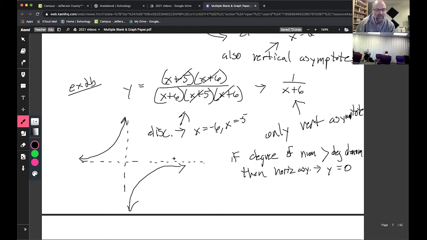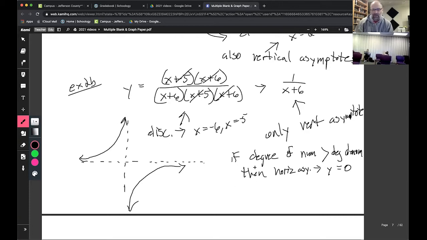Okay, right here. If this was the case, then the degree of the top is greater than the degree of the bottom. If I were to multiply all this out up here, I'd get x squared something. If I were to multiply all this out down here, I'd get x cubed something. So this would not fall into this category. Remember, the degree is the degree of the highest degree term.